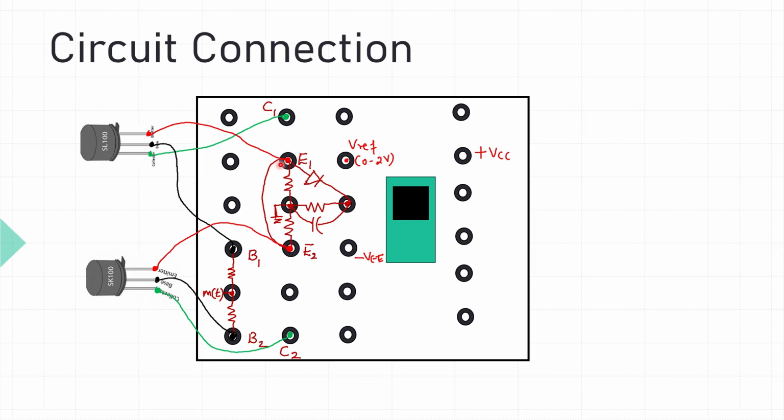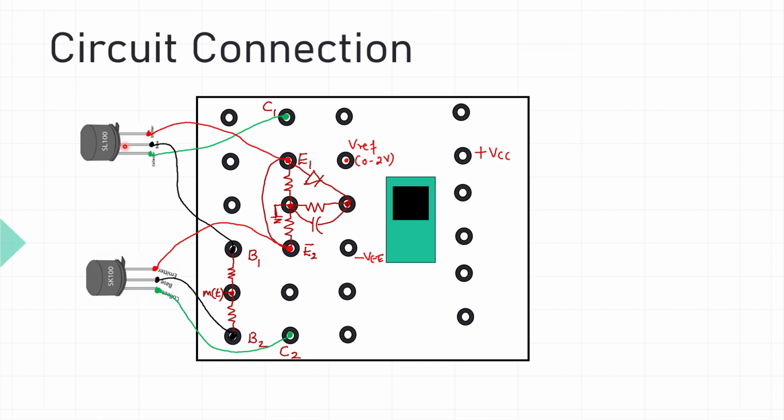In order to avoid single strand wire, you can connect the circuit on a springboard like this. So first connect the base resistance, that is 10K and 10K here. Connect the emitter resistance 1K and 1K here.